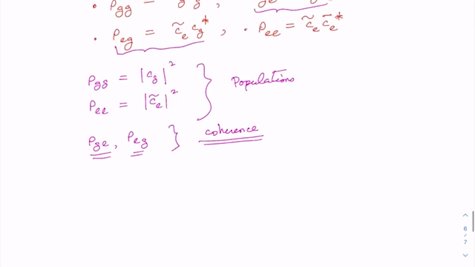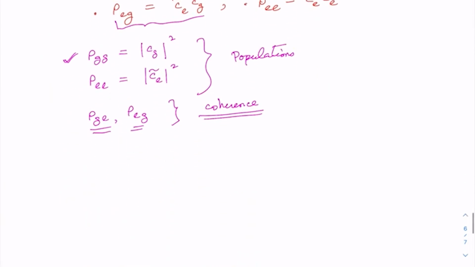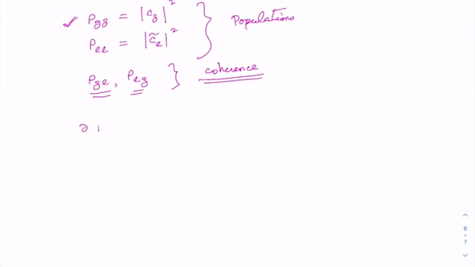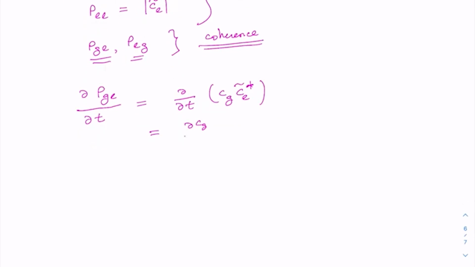Now another thing, you can get the time evolution of these density matrix elements as well, and one can very easily get it. Let me show one example. Say I want to know how the density matrix element rho ze evolves in time. You just have to expand it and open it up, and you will get cz delta t ce star here, and cz ce tilde star delta t.